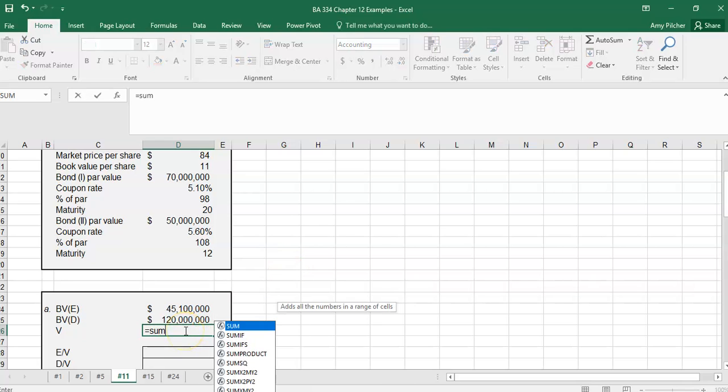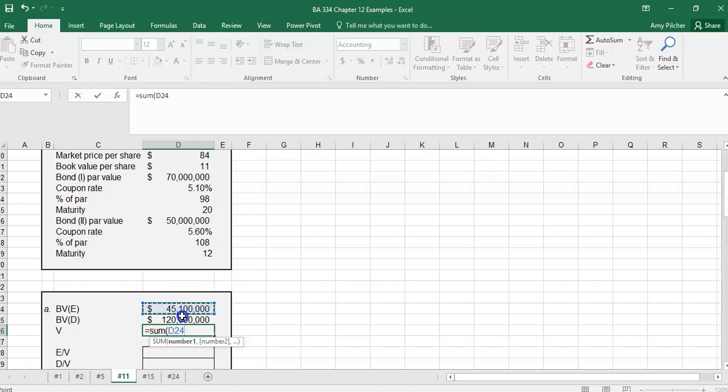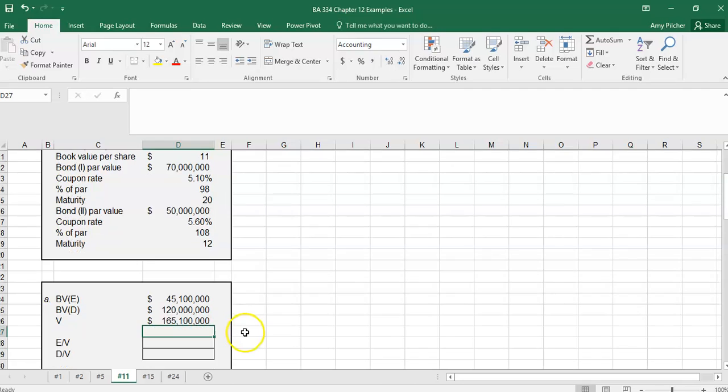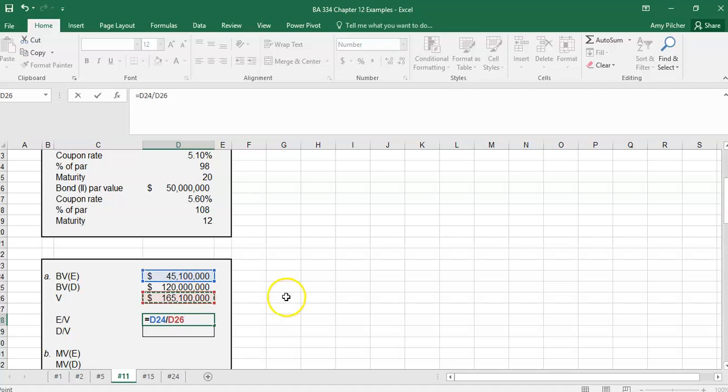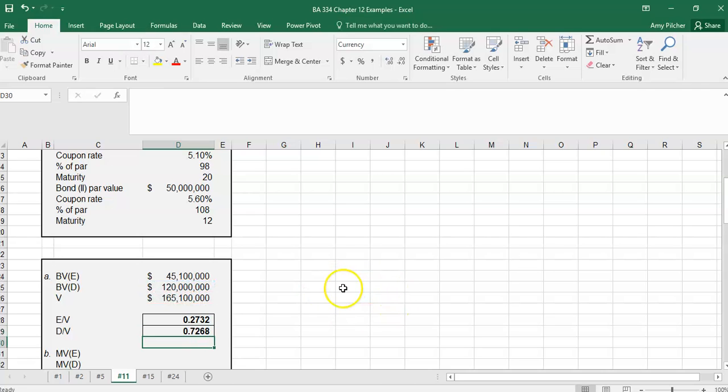We add those together to get the total value of our organization. Remember, debt plus equity equals assets, our accounting equation, and then we figure out what the weights are. So our equity value divided by the total value and our debt value divided by the total value.